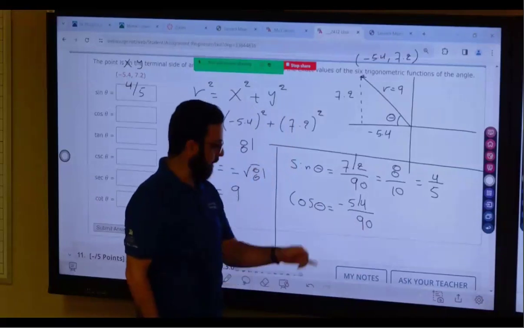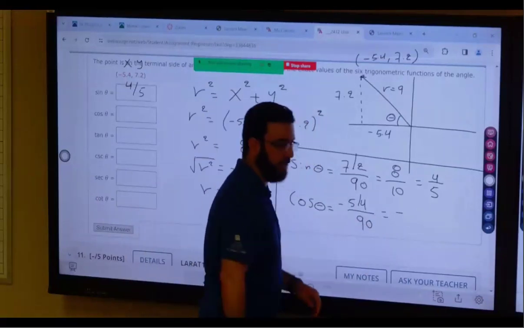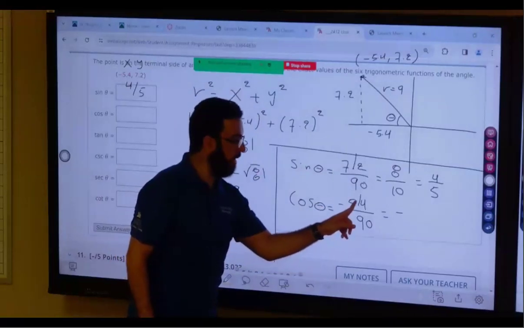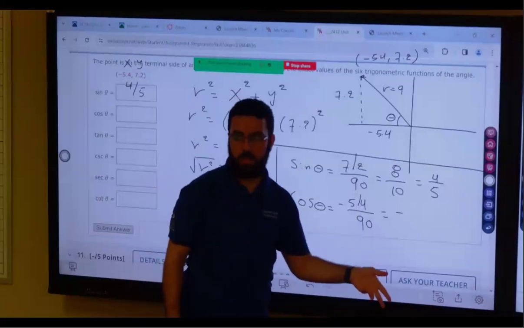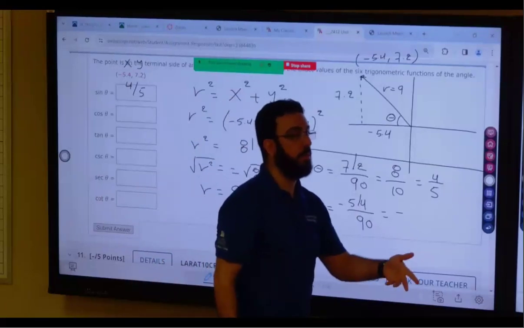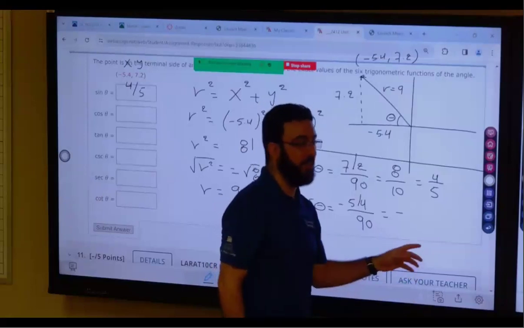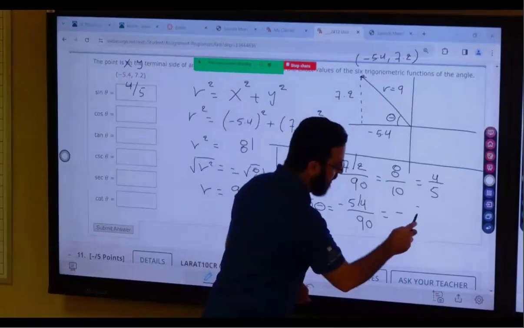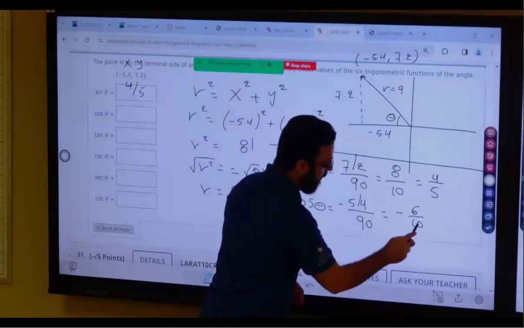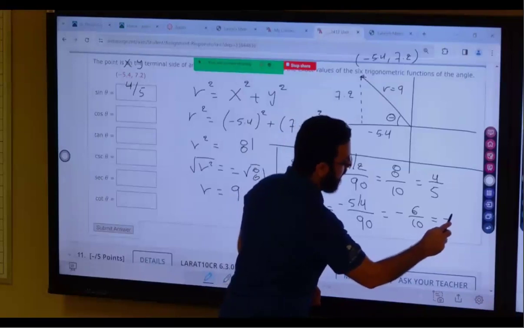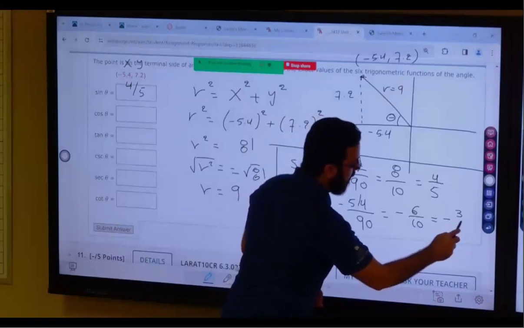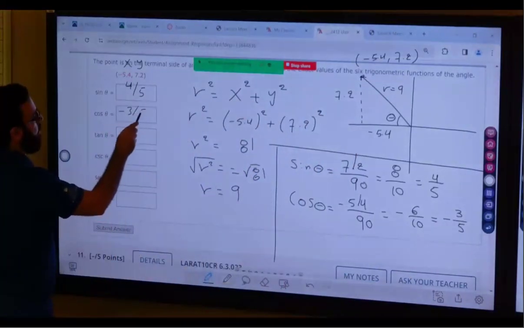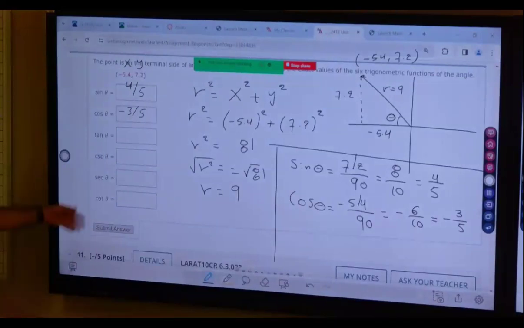Now, can you simplify it? Can you divide both by 9? That gives negative 6 over 10. Can you simplify it more? So you need negative 3 over 5. Negative 3 over 5. Now can I find the rest?